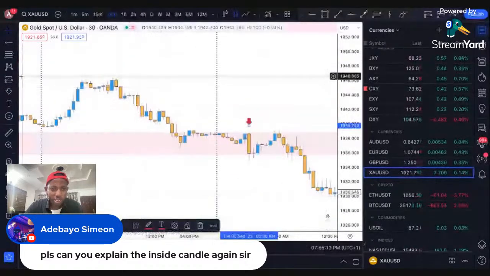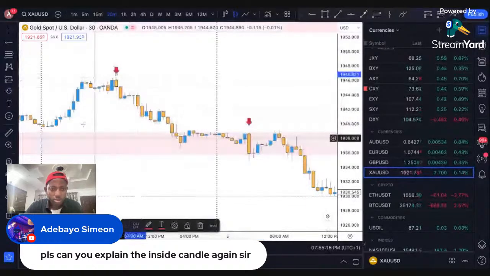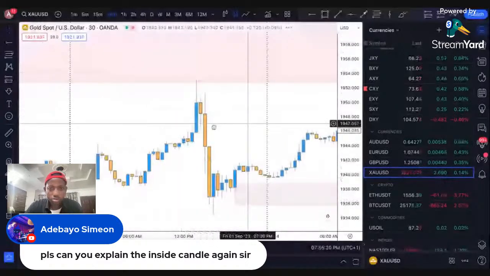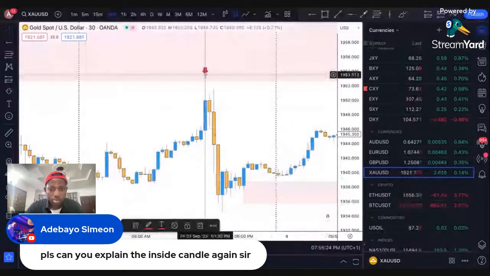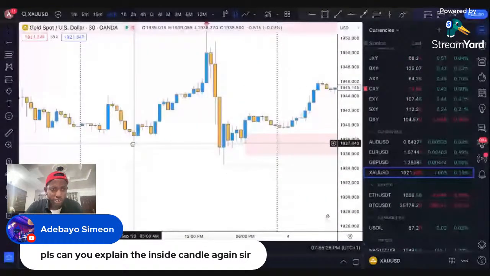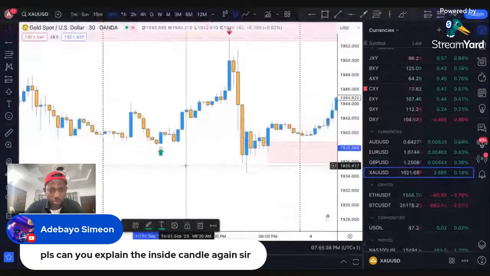This is a bearish inside candle. This is a bullish engulfing. I just want to show you. This is a bullish engulfing here, and this is another one.